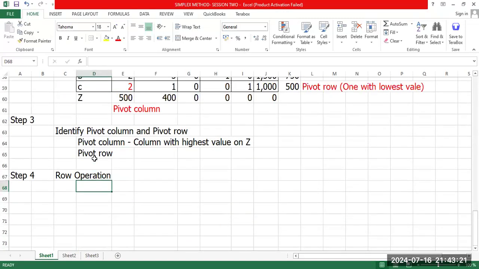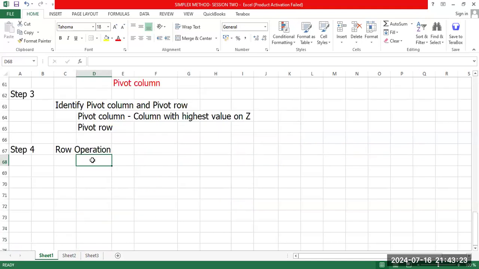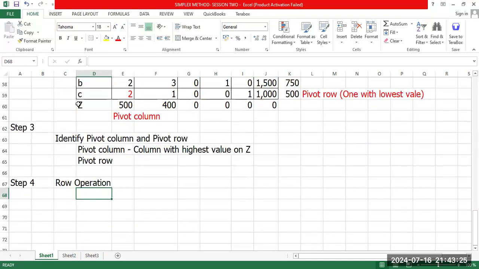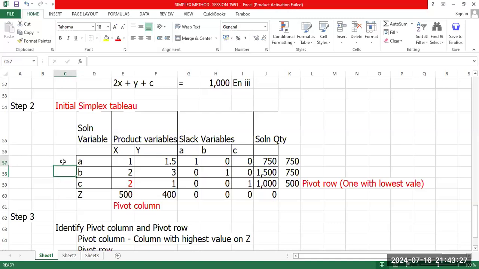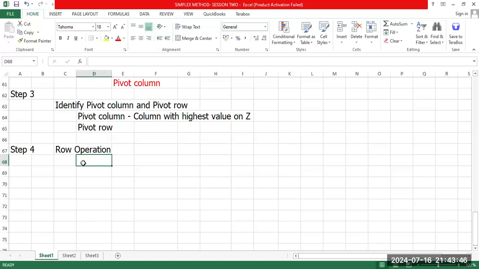First formula you need to come up with. This is like row 1. This is like row 2. And this is row 3. This is row 4. So the fact that this figure is not 1, I will need a formula.